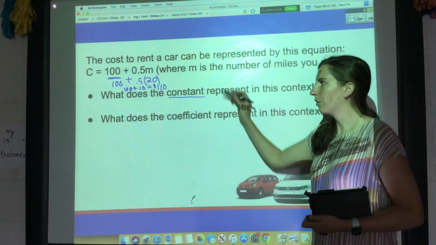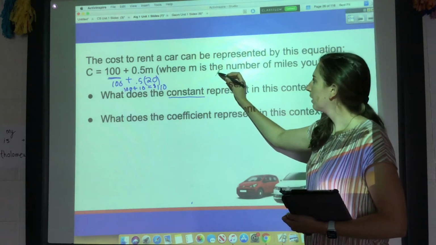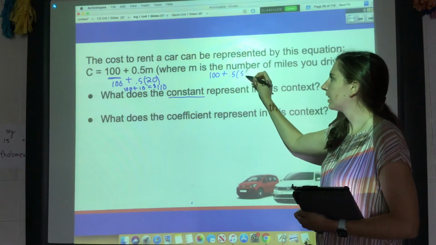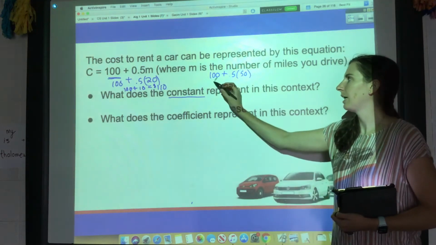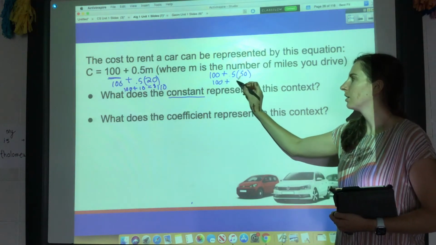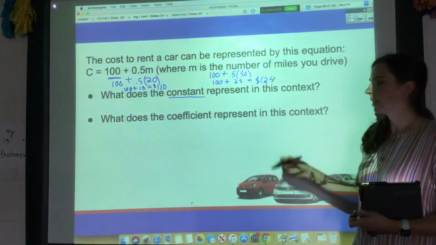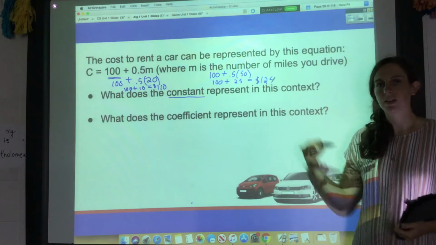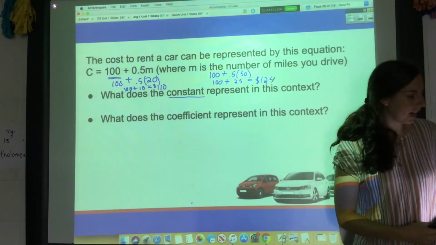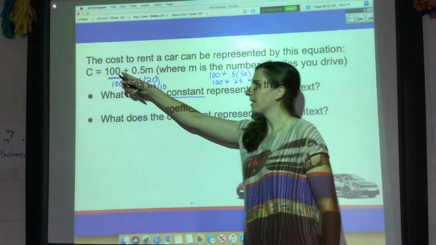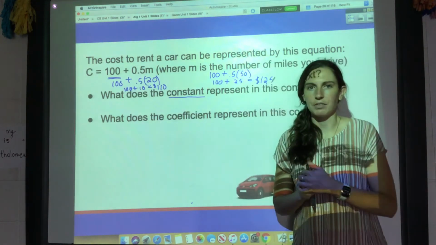Let's say I drove 50 miles. So 100 plus 0.5 times 50. That would be 100 plus 25, which is 125. So it's going to cost a little bit more money if I drive a few more miles. So you can see what's happening here is this 100 is an initial amount that I'm going to have to pay.